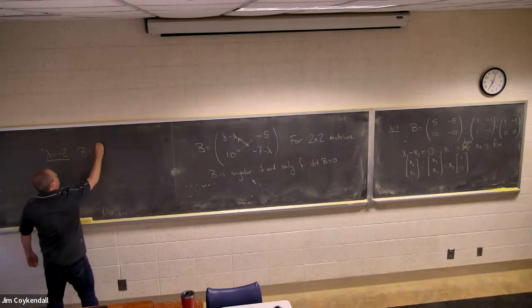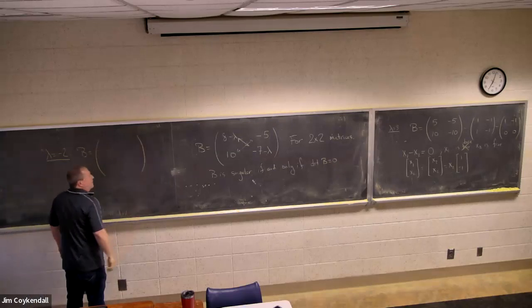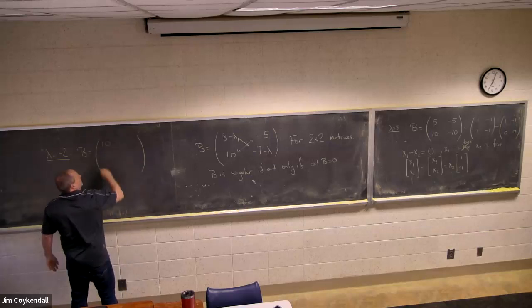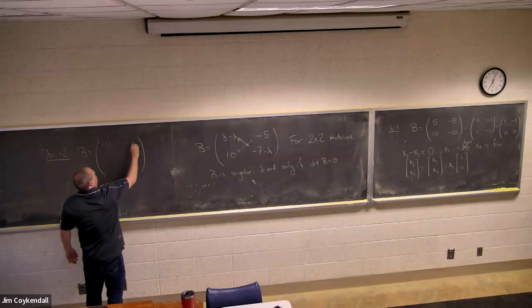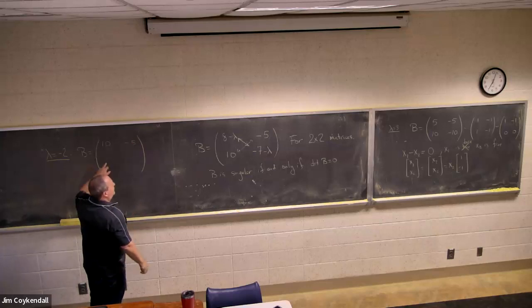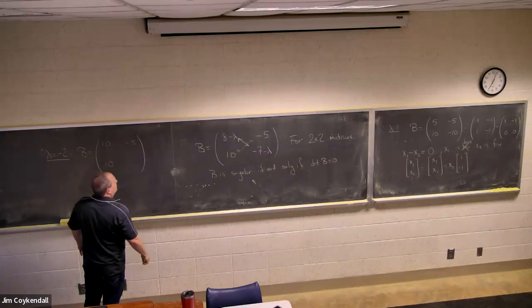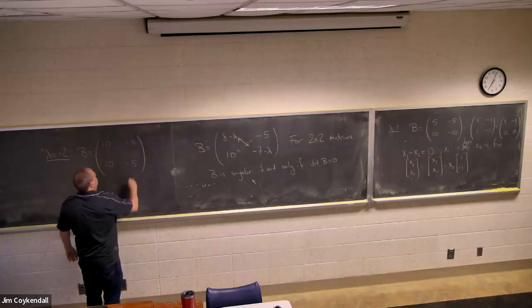Well, now B becomes 8 minus 2, which is 10, then negative 5. And then I get 10 and 7 minus 2 is minus 1.